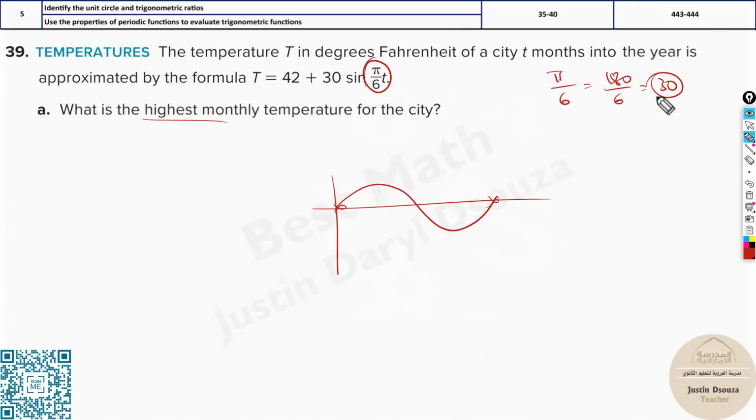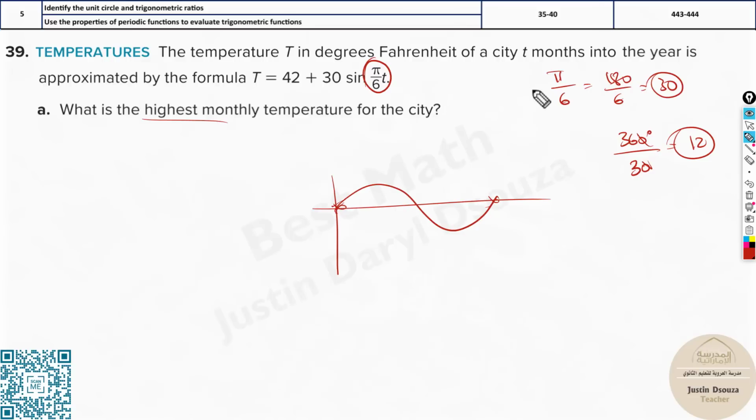What was the original period of sine? It's 360, right? Divide this by the coefficient, that's the b value. It's 30 degrees. Now solve it. It'll be 12. So 12 is the new period. So in order to get one complete cycle, you need to go from 0 to 12.